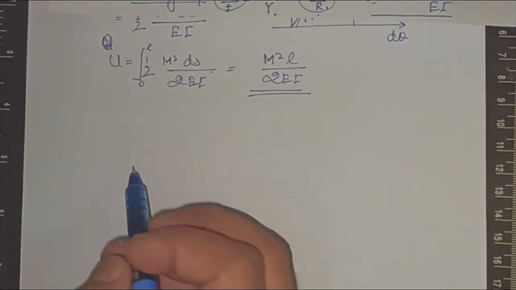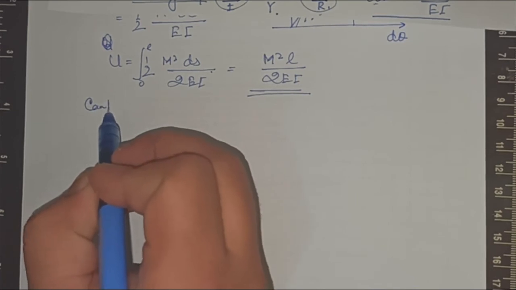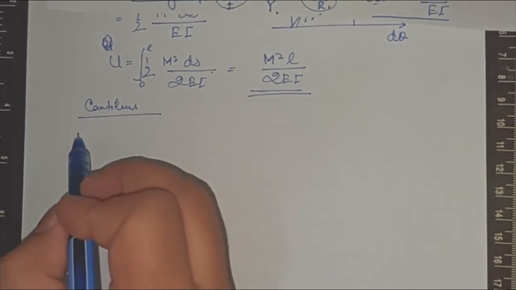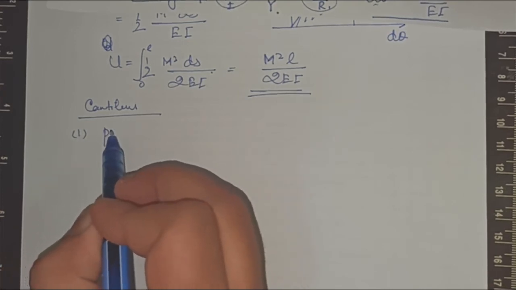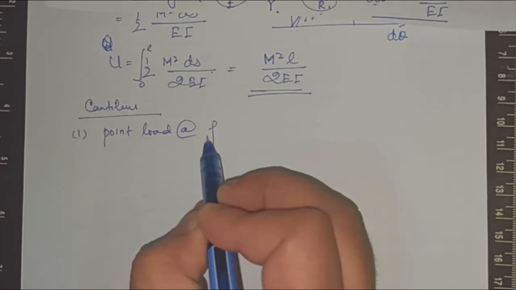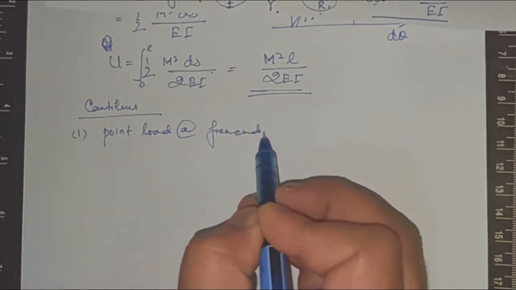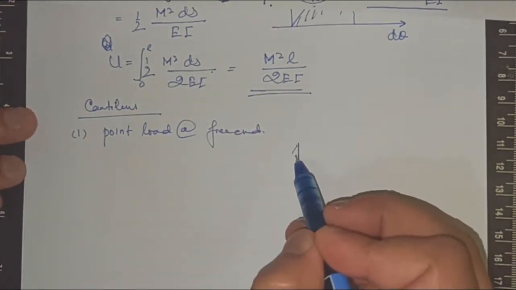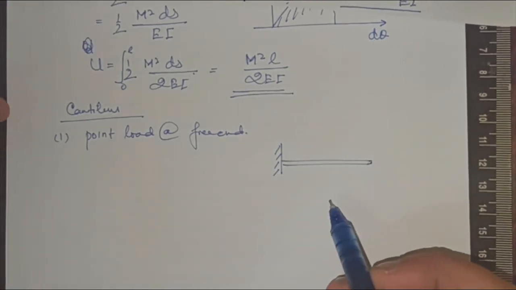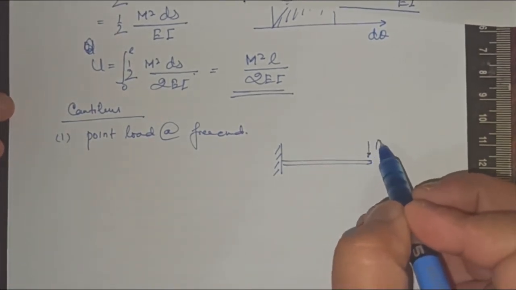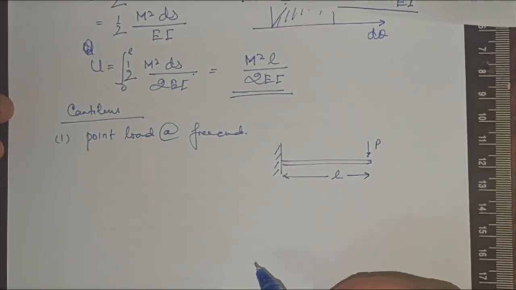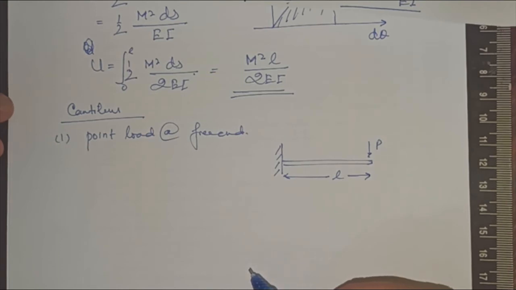For a cantilever with a point load at the free end, we have a beam with a point load P on the span L.